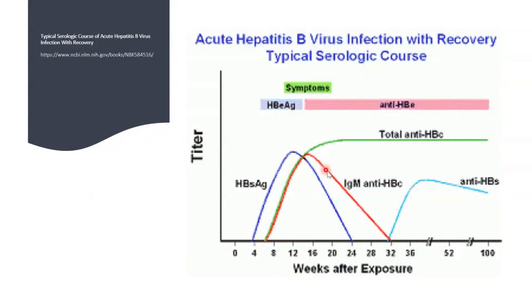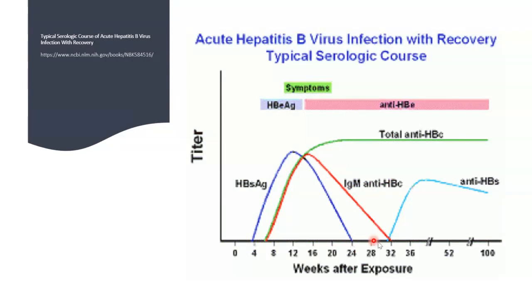IgM, immediate, okay, that peaks with the HBsAg, and then an antibody to the core. The core antibody starts to develop as well. Only really in a virus, they don't get this core antibody in the vaccine, because remember, the vaccine's all HBsAg.